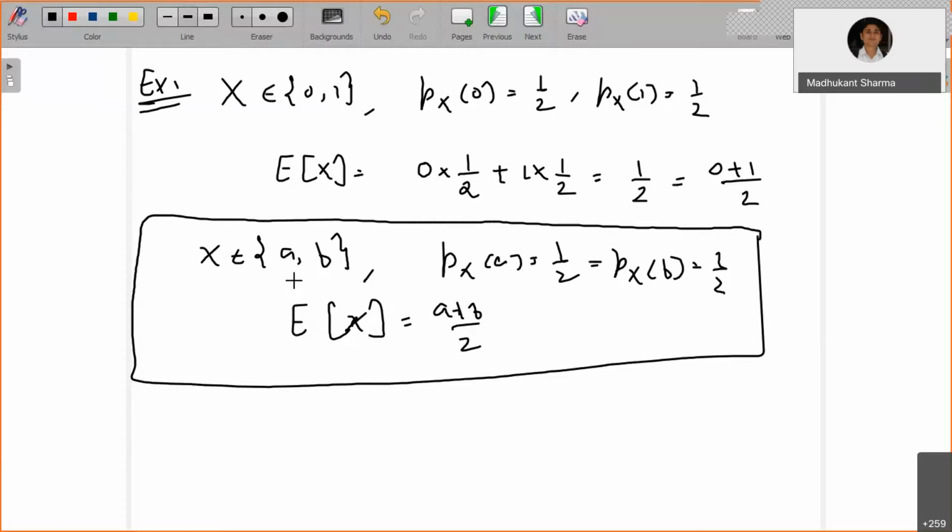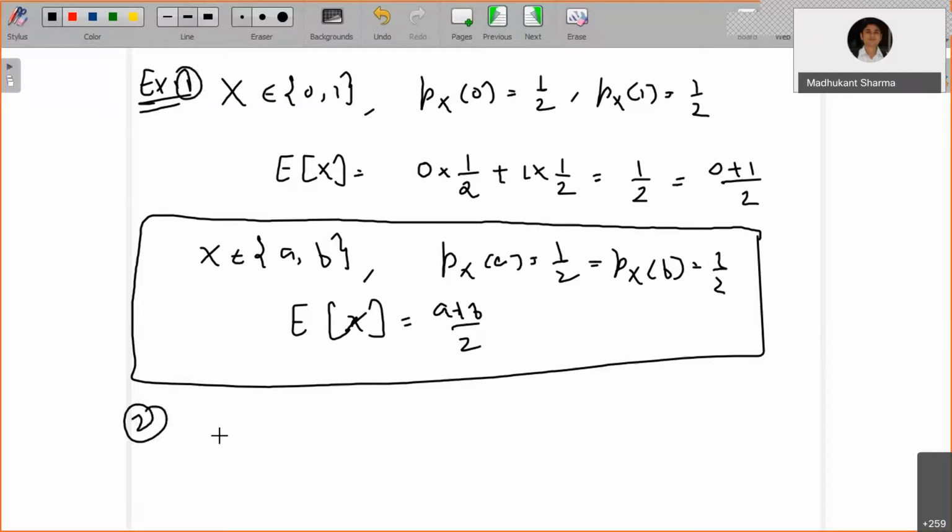But if you perturb this equally likely case, meaning they are not equally likely, say a has less probability than b, then the expectation value will change. The average value will change.